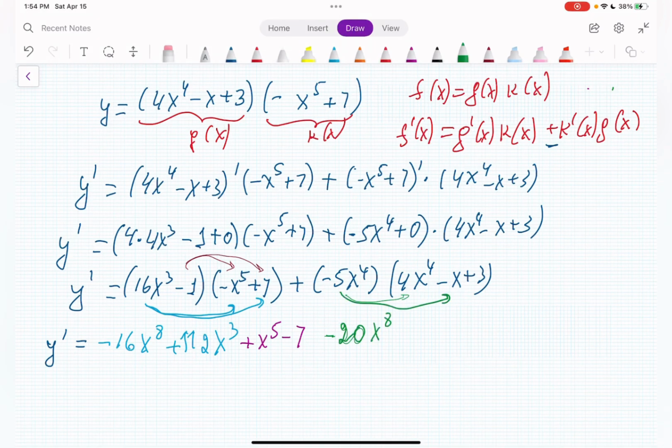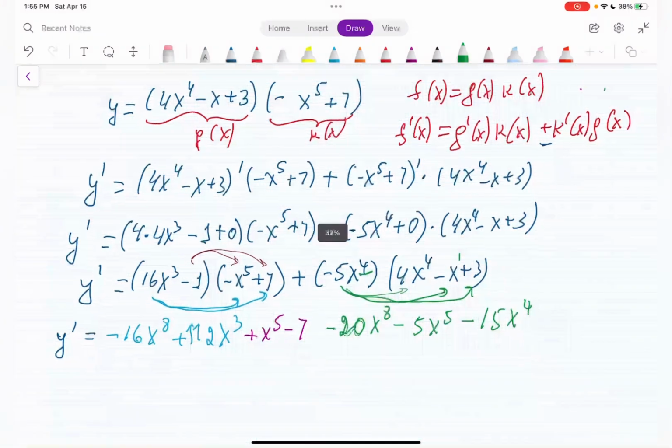And negative 5x to the 4 times negative x, it's going to be negative 5x to the 5, because here is 1 and 4, plus, going to get 5. And lastly, negative 5x to the 4 times 3, so it's going to be negative 15x to the 4. Okay, let's see. Do we have like terms here?